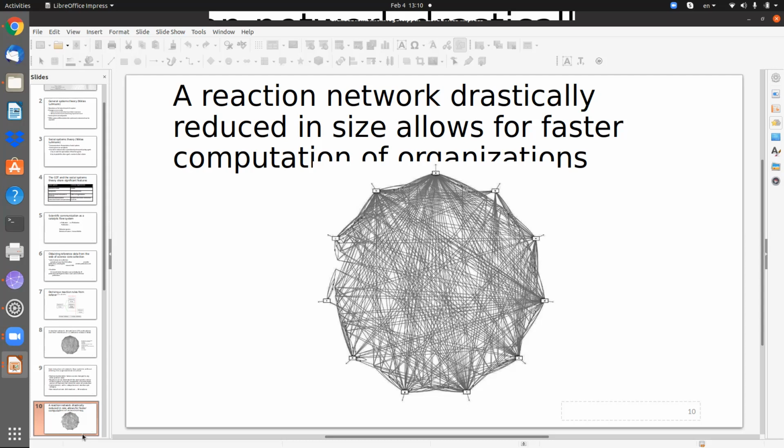Actually, for a reaction network of this size, the difference is not that much, given that we don't have to solve the LP problem, and it's not that large already. So both can compute the organizations in about a second, but we were able to measure a difference in speed.